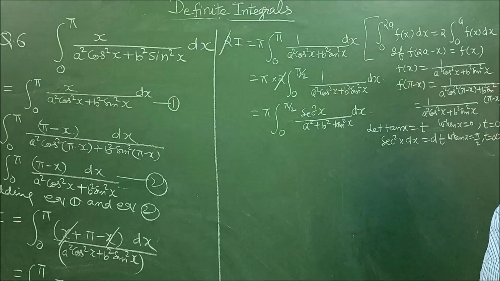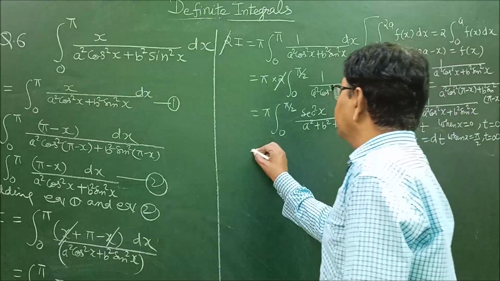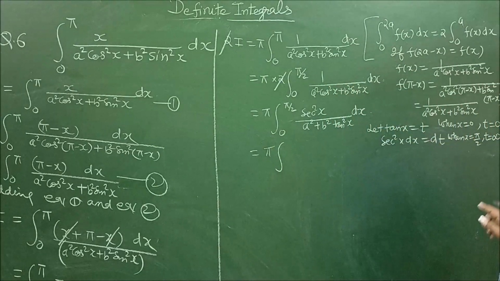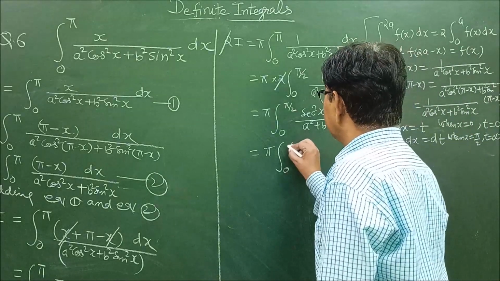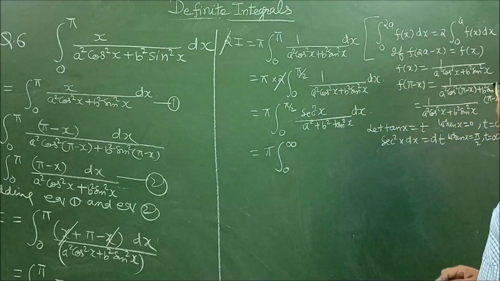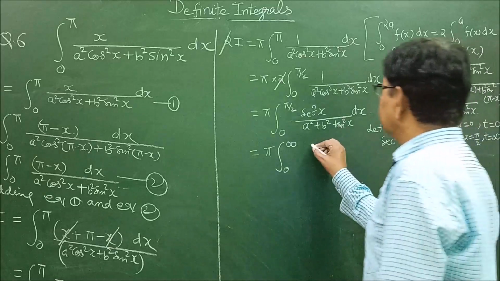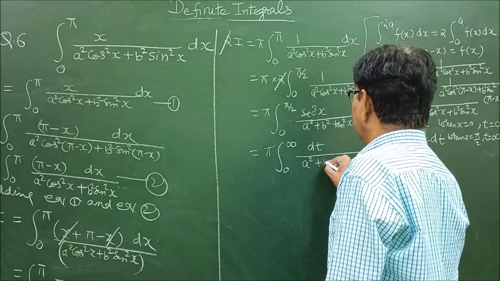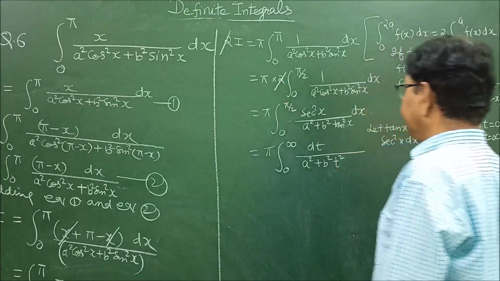So the limits will also change with this substitution. The lower limit will be 0 and the upper limit infinity, and sec square x dx will be replaced by dt upon a square plus b square t square.